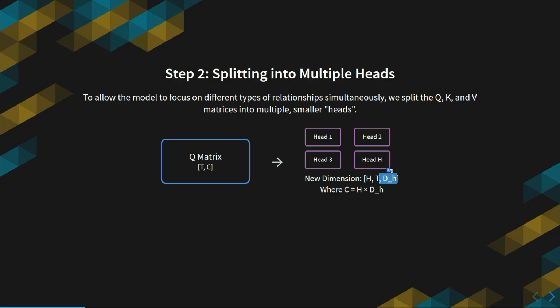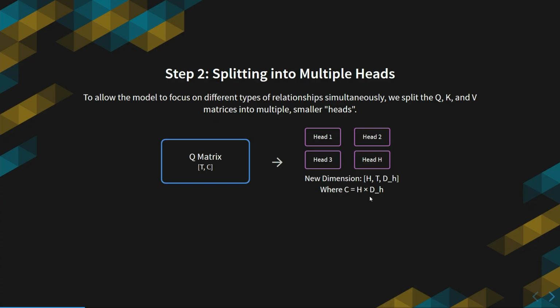Typical values you'll see in practice: C is the total dimension and might be 512, 768 or 1024. H is the number of heads, typically 8, 12 or 16, and as far as I'm concerned, it really depends on the way you're computing. It really depends on the cores. If you're designing this from the ground up, you might want to design it based on the cores that you have, the number of compute units you want to fit this to as per the hardware, so that you can parallelize this whole thing.